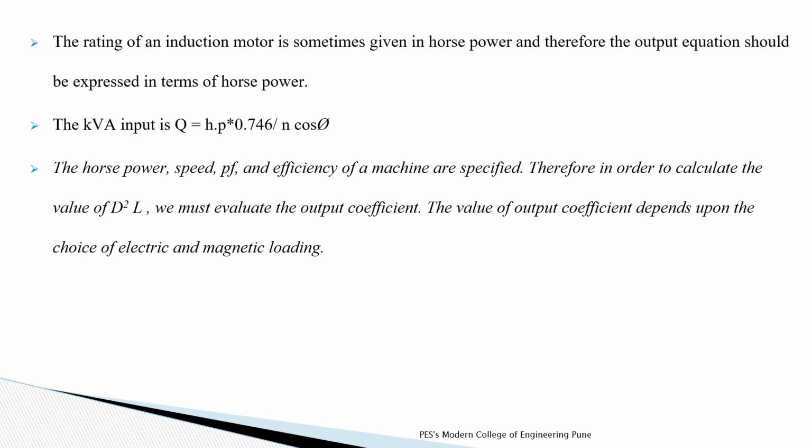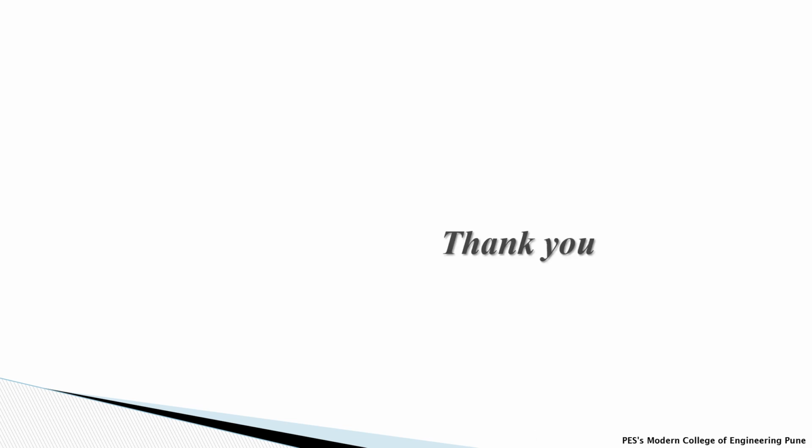So horsepower, speed, power factor, and efficiency of a machine are specified. Therefore, in order to calculate the value of D square L, we can evaluate the output coefficient by taking C naught equal to 11 Bav AC Kw, which are constant terms. The value of the output coefficient depends upon the choice of electrical and magnetic loading. Okay, thank you.